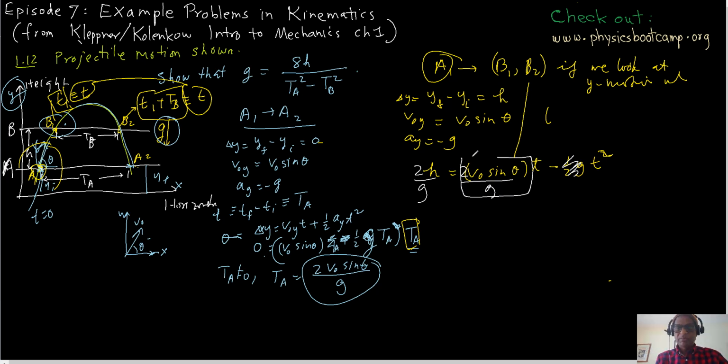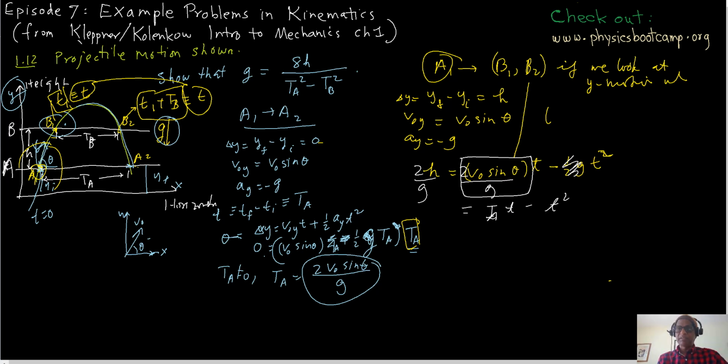This thing here is going to be ta t minus t squared, and let's try to solve this quadratic equation.